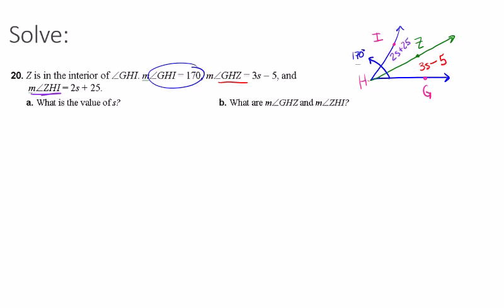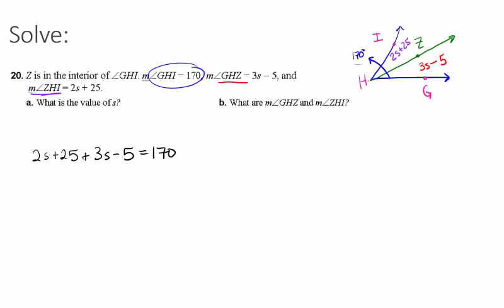Okay, so what I know is if I add up the two parts, that should equal the whole, right? So that's what we're going to do. I'm going to set up an equation: 2s plus 25 plus 3s minus 5 equals 170.